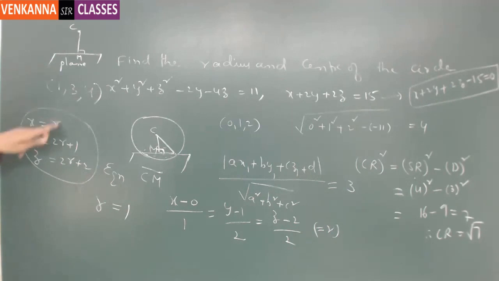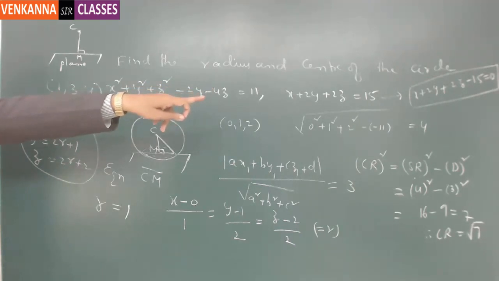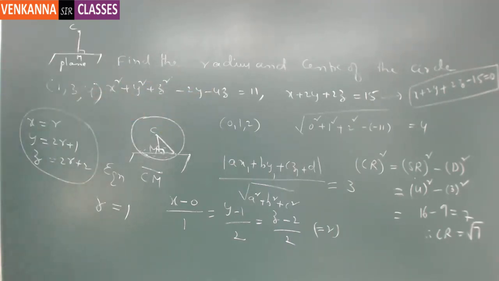So M is also of the same pattern. So substitute these values in the plane equation so that you can get the value of r, because M is lying on the perpendicular line and also the plane. Once you finish finding the value of r, please confirm, then I will take the other model.